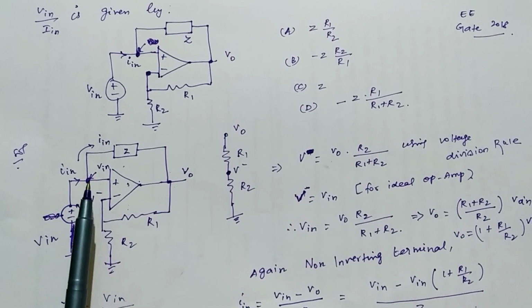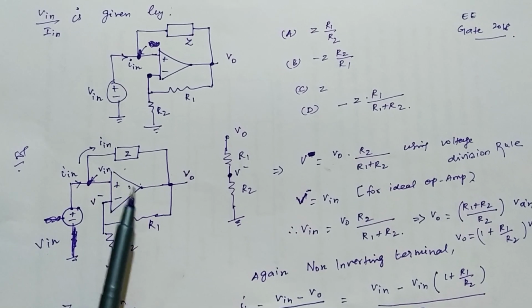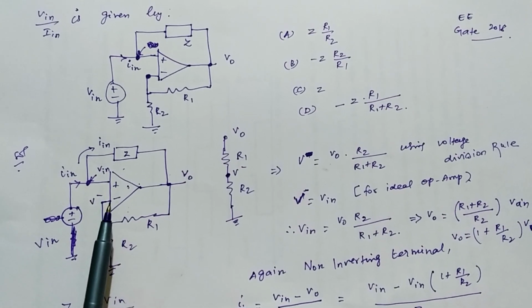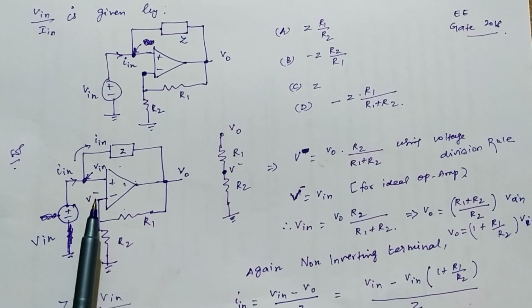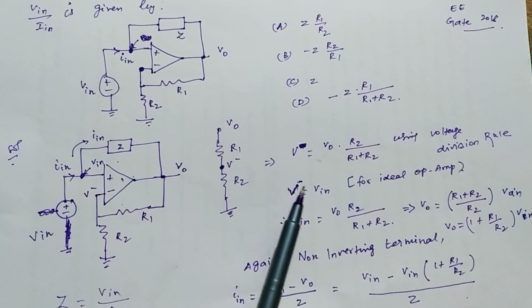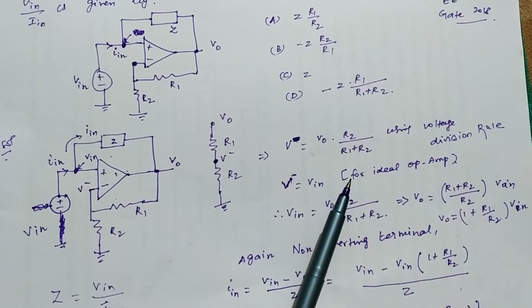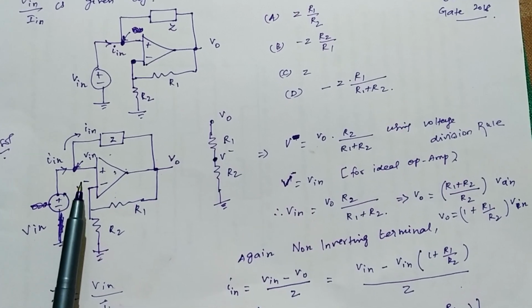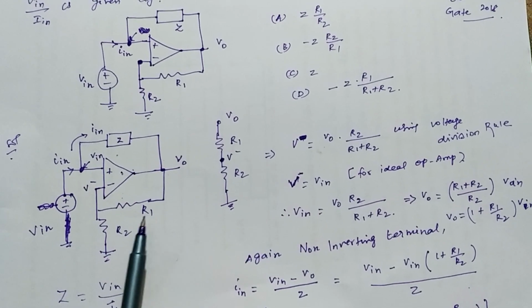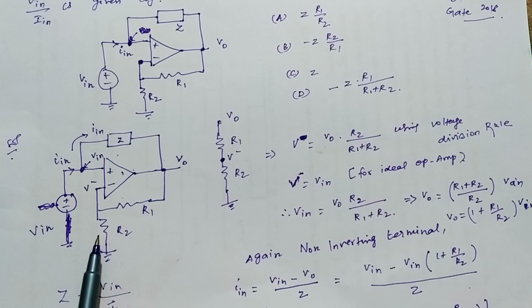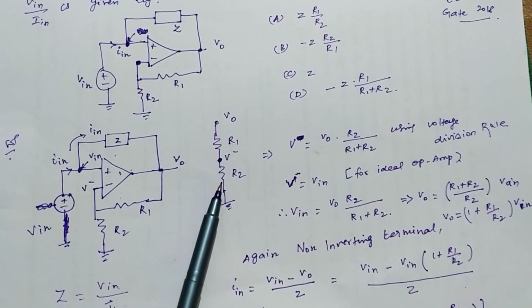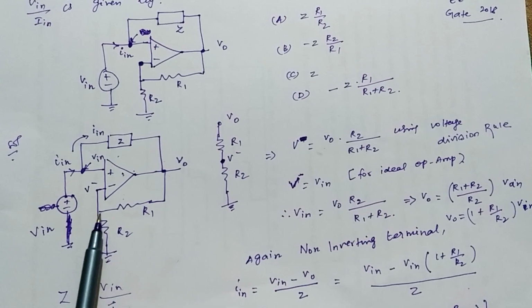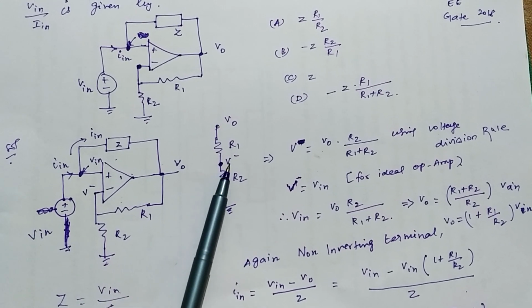Since it is an ideal op-amp, the inverting and non-inverting voltages are equal. Therefore V minus is equal to Vin. Again coming to the output side, where we have two resistors R1 and R2, in between we have V minus.